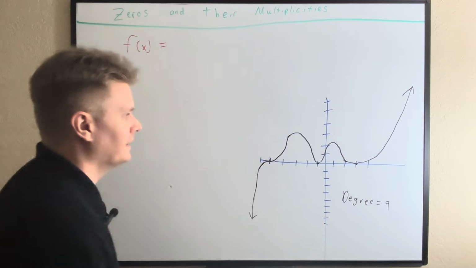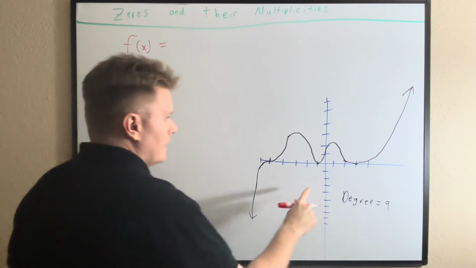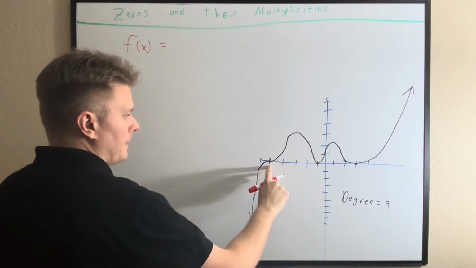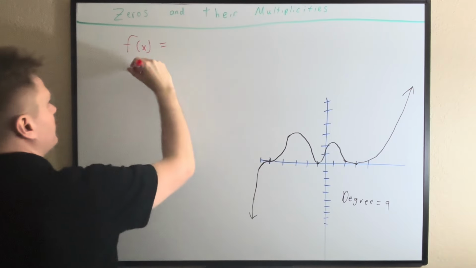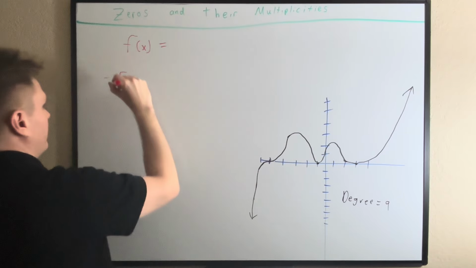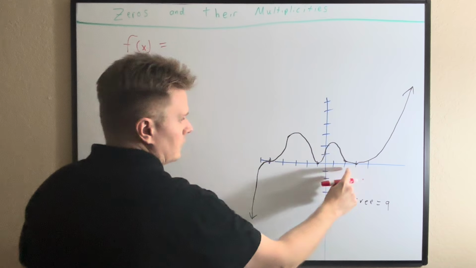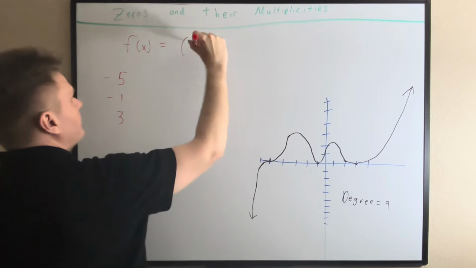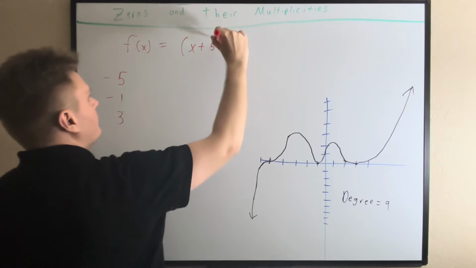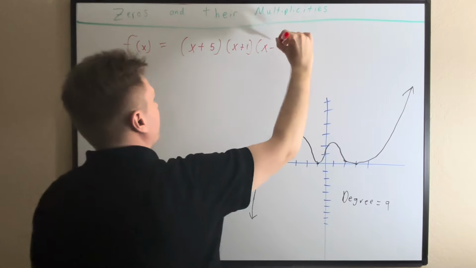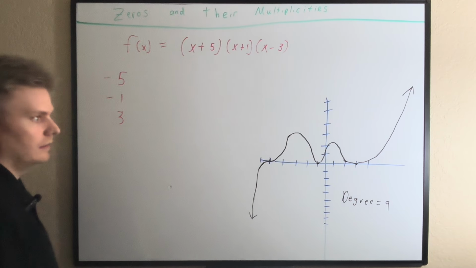All right, last one. Let's see what we got here. So zeros at negative 5, negative 1, and positive 3. Okay. So that means we have factors x plus 5, x plus 1, and x minus 3. All right?